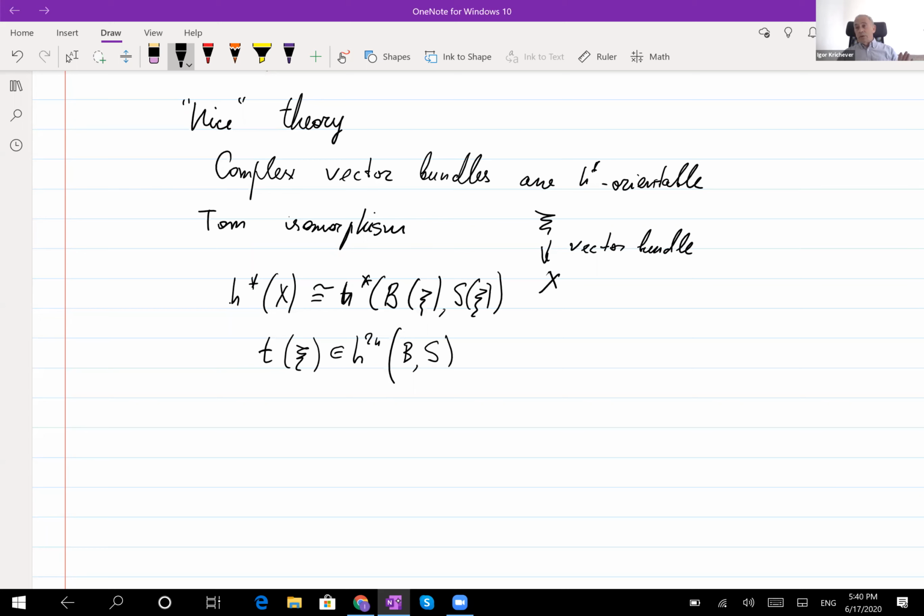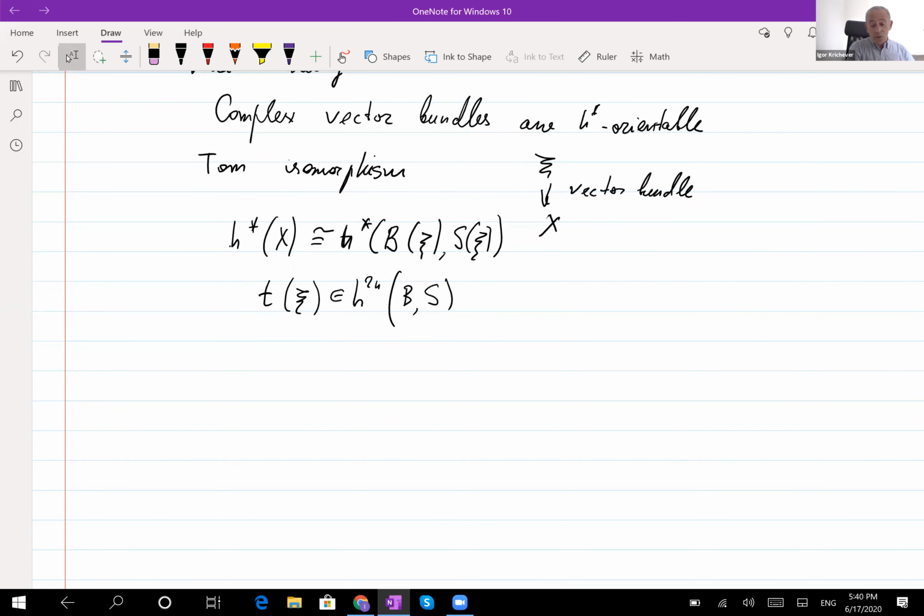This is what is easily established in many theories. It's known for K-theory, it's known for cobordism theory, unitary cobordism theory we will be talking about.